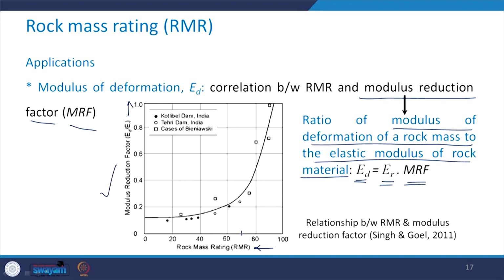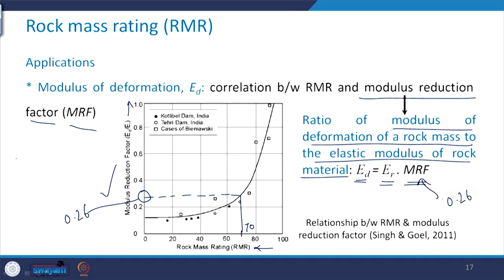I take the value 70 and draw a vertical line up to this plot, and then I take a horizontal line from this point and read this value, say 0.26 in this case. So corresponding to RMR of 70, we have this MRF equal to 0.26.